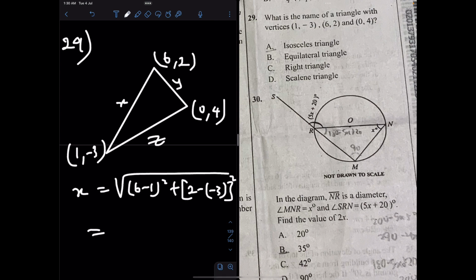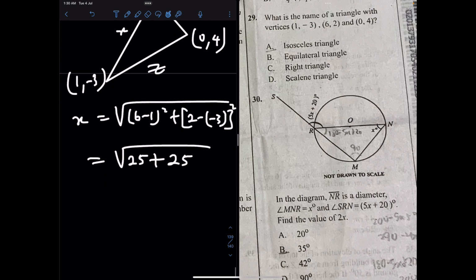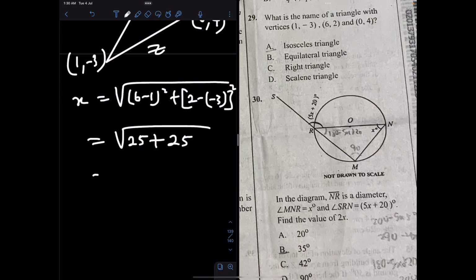That's equal to the square root of 6 minus 1, which is 5. 5 squared is 25, plus 2 minus 3 is the same as 2 plus 3, that's 5, and 5 squared is 25 too. That simply means the square root of 50. The square root of 50 is the same as the square root of 25 times 2, and that's 5 root 2.